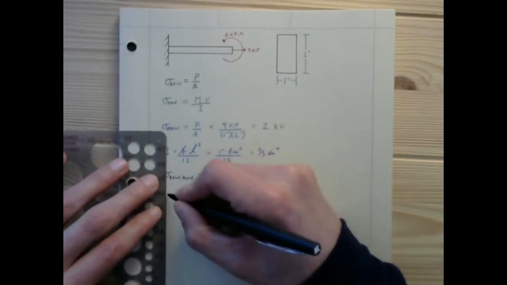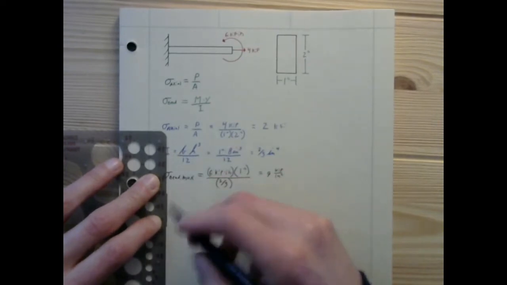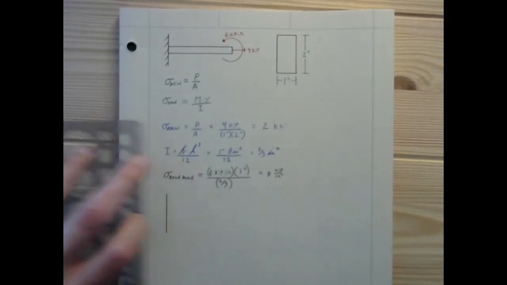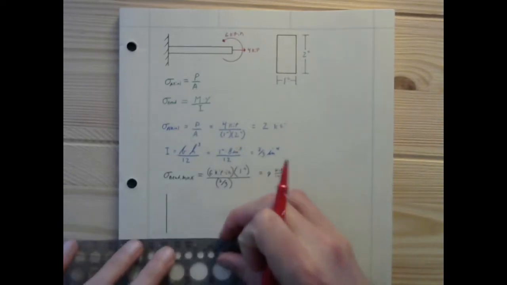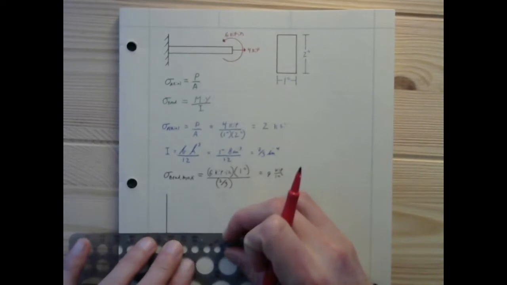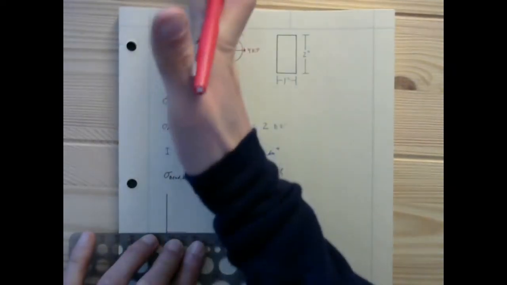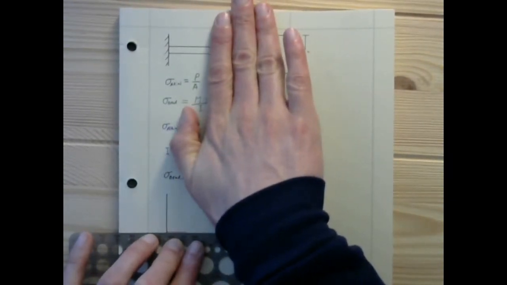So if this is our face, which I'm going to make 6 squares, because that's how big that is, then our uniform distribution of stress due to the axial load is going to look like this. And this is going to look like a very silly drawing, and you're going to wonder why I'm making it. We're drawing it like we cut right here, and we're looking at the left portion.